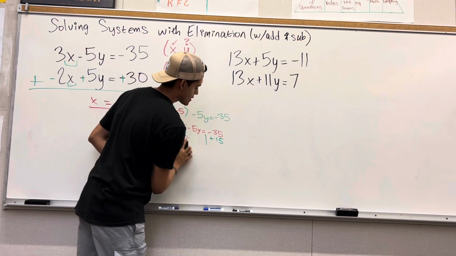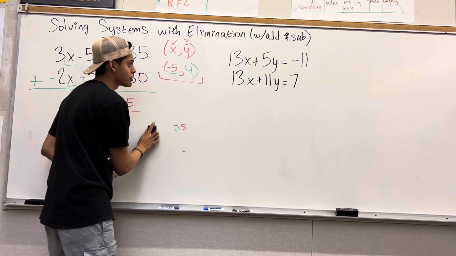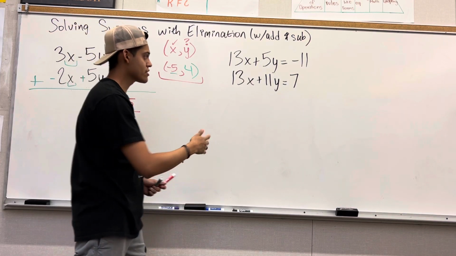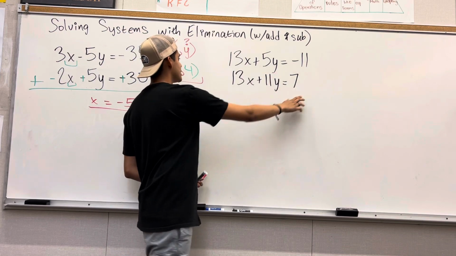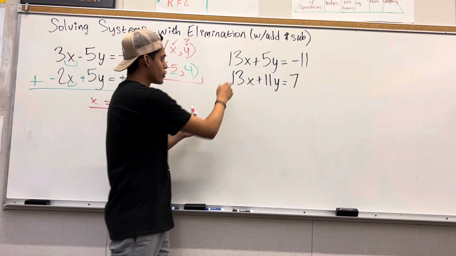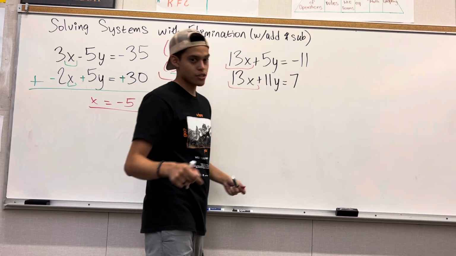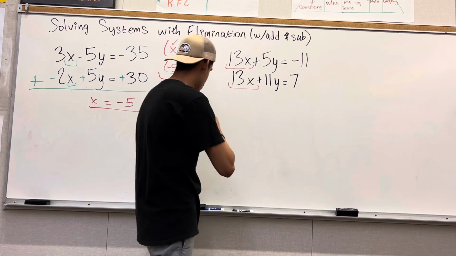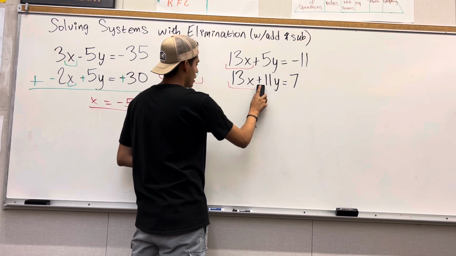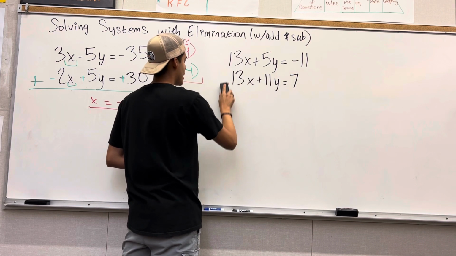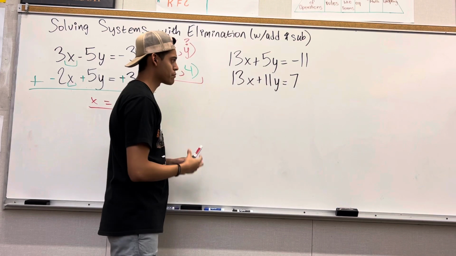Now let's head on to the second one. We have 13x plus 5y equals -11, and 13x plus 11y equals 7. So let's do it the same. You see that these two are the same. That is your clue. Let's do subtraction. And we're going to do the same trick we did on the first one, where we're basically just going to switch the signs and turn it into an addition problem.